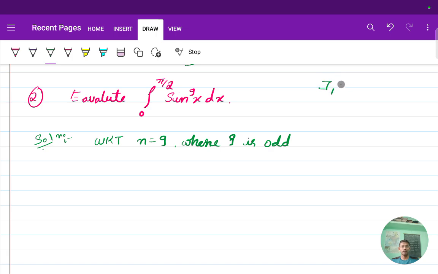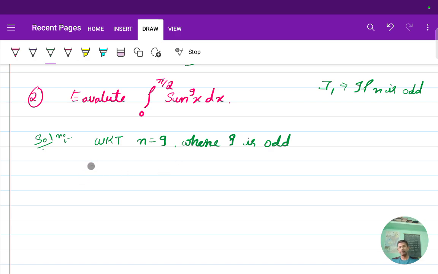If n is odd, when the sine power is odd, we get the last integral as I1. When n is an odd number, like 9, we have a particular formula for that.